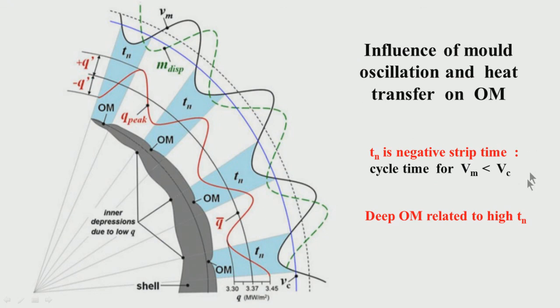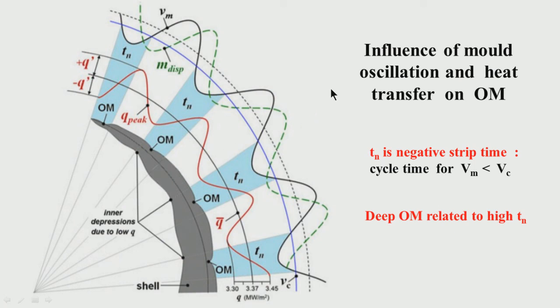Now, I have talked about the casting speed. Of course, there is a limit of casting speed. If the casting speed is high, then the shell thickness, I think I discussed in the last session, today also I will discuss. If the casting speed is high, the heat transfer will change the shell thickness also. The shell thickness also will be less.